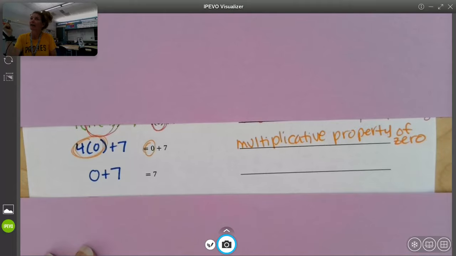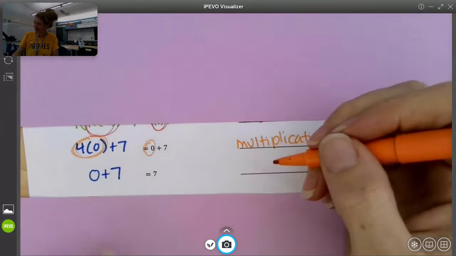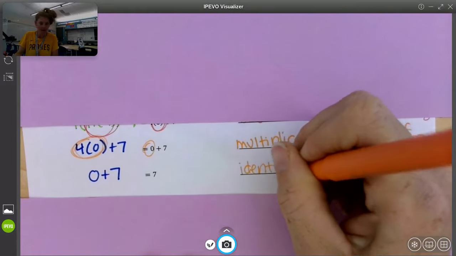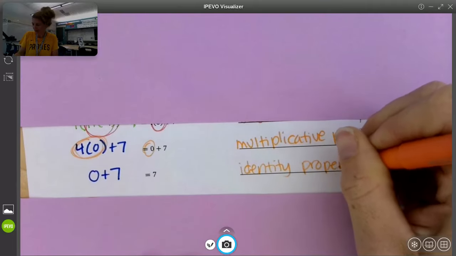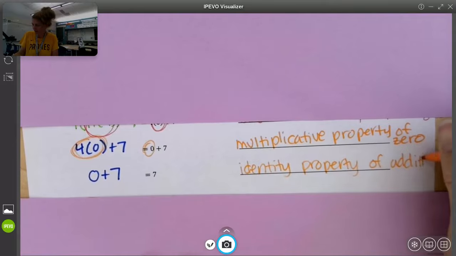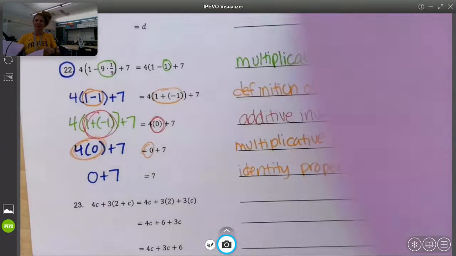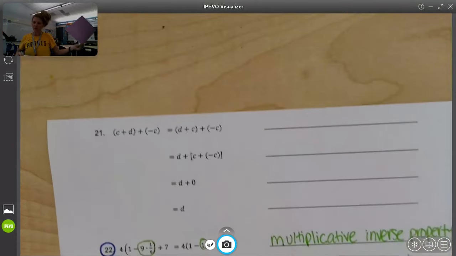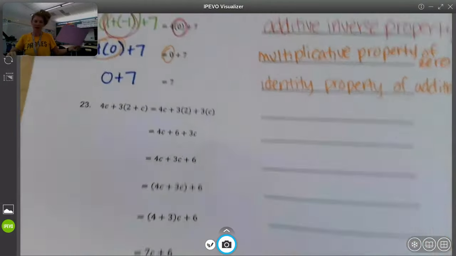It's adding. Identity property of addition. Dun, da, da, dun. Our second proof ever.